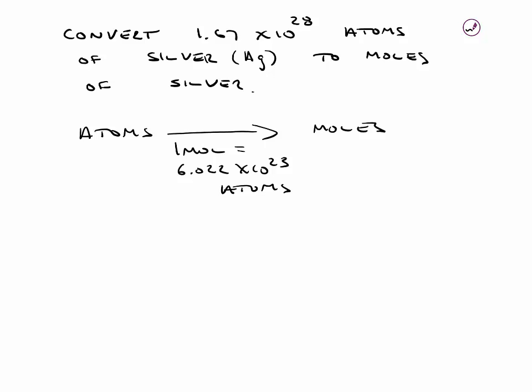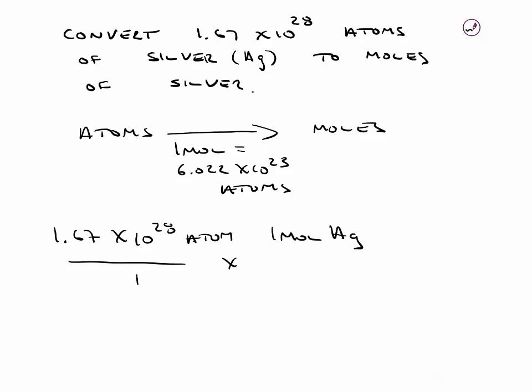So using the starting point of atoms, 1.67 times 10 to the 28th silver atoms, I'm going to multiply it by a conversion factor that has moles in the numerator, so 1 mole of silver over the 6.022 times 10 to the 23rd silver atoms. That will cancel out atoms of silver and of course leave us in moles.